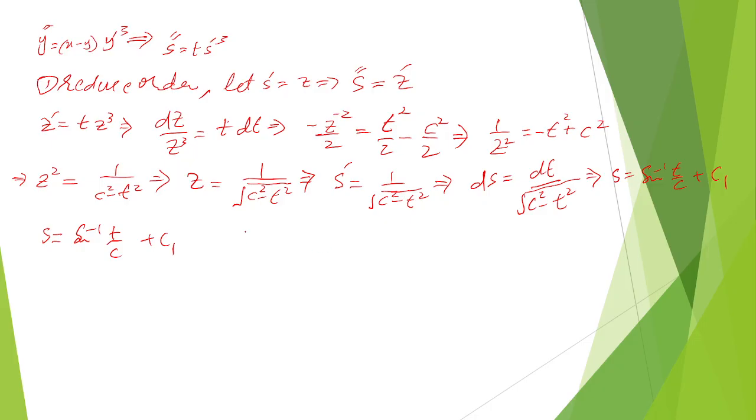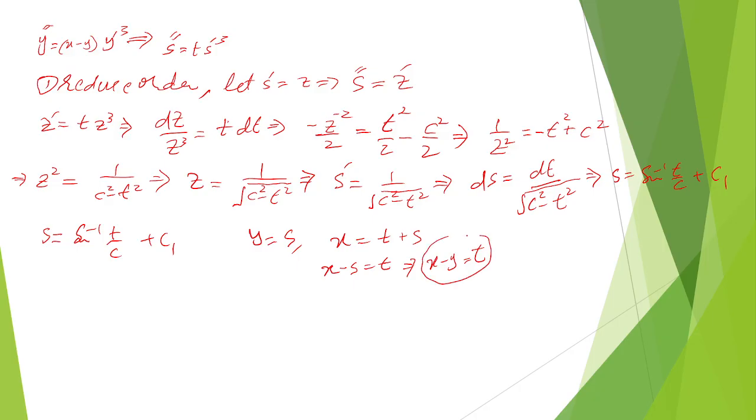But we know that y is equal to s and x is equal to t plus s. So I need the t, and it implies that x minus y is equal to t.